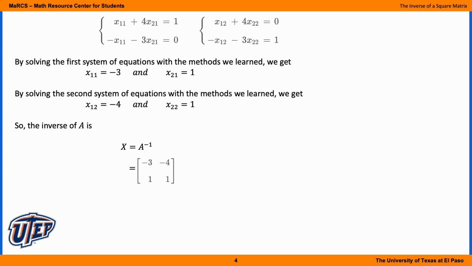So using the methods that we went over in previous recordings, we get that X11 is equal to -3 and X21 is equal to 1. So that is the first row of our inverse matrix. And now for the second row, we get X12 is equal to -4 and X22 is equal to 1. So that means that the inverse of A will be the following matrix: -3, -4, 1, 1.